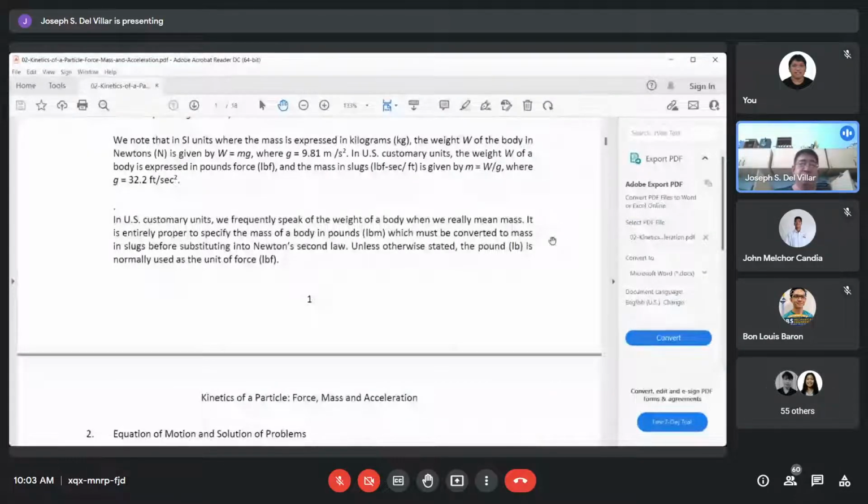It should be subscript, and the mass in slugs or pound force second squared per foot is given by mass is equal to weight divided by gravity. So it should be pound force second squared per foot, no? It's not just pound force second.